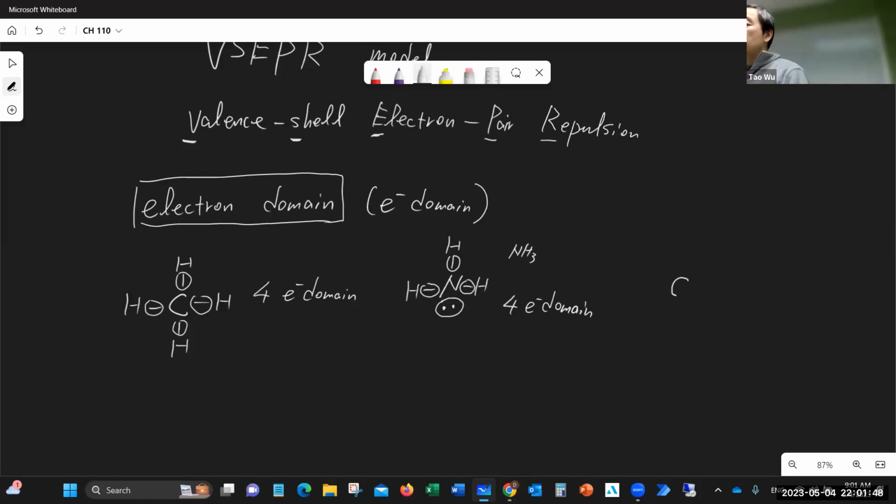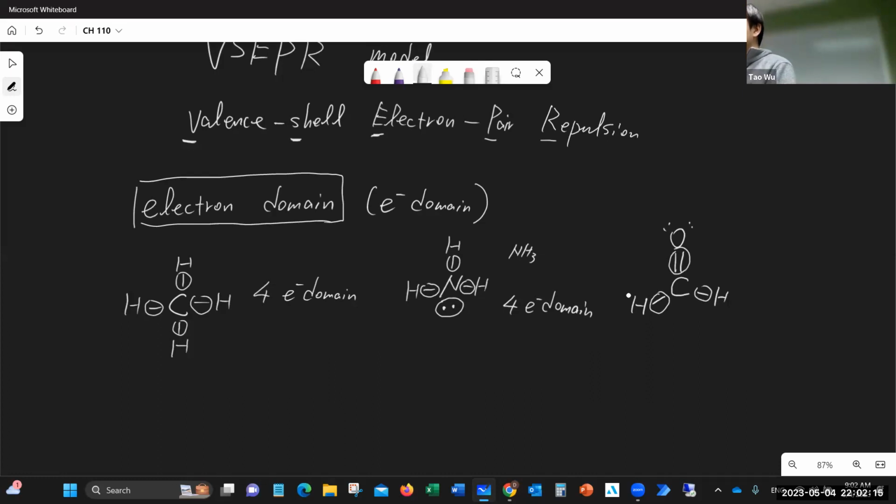Or you can see something like this. This is also one of the bonds. This is called formaldehyde. If you're talking about the central atom, it has 1 double bond and 2 single bonds shown over here.